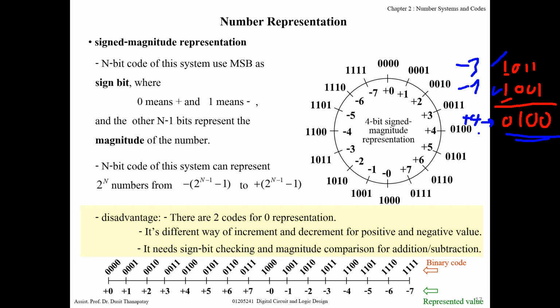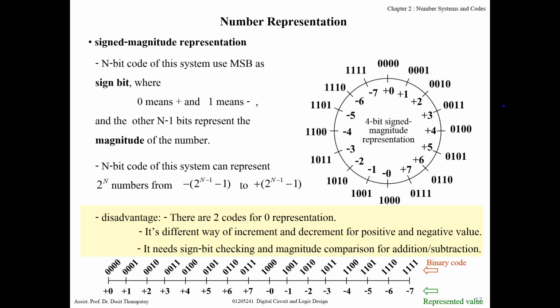For this, someone may say, can we keep the sign bit here? Of course you can, but you must check whether this number is positive or negative, and you use a different procedure. And how about this one, for example, 0 0 1 1 plus 1 0 0 1.